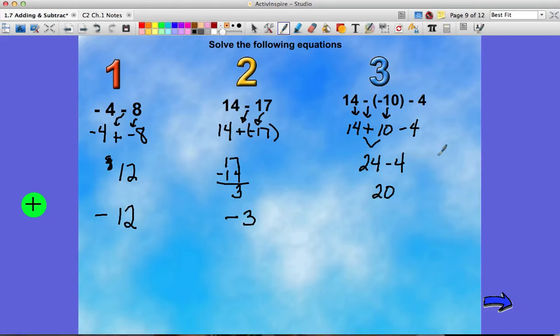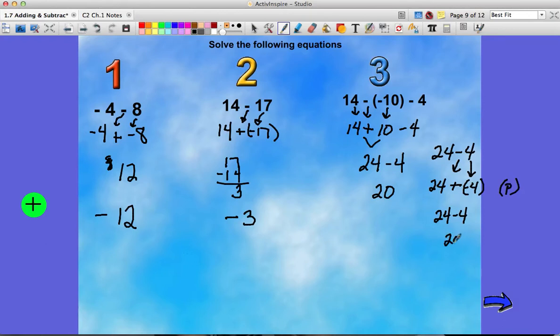But now, even if I did change it, so let's say I changed the 24 minus 4 to 24 plus a -4, I know that my answer would have to be positive because 24 has a greater absolute value than 4. And I know that because it's positive and negative, I would actually end up subtracting, which is exactly what I did here.